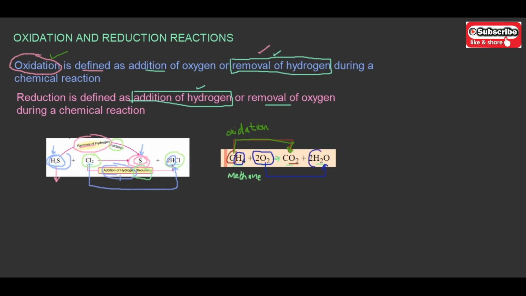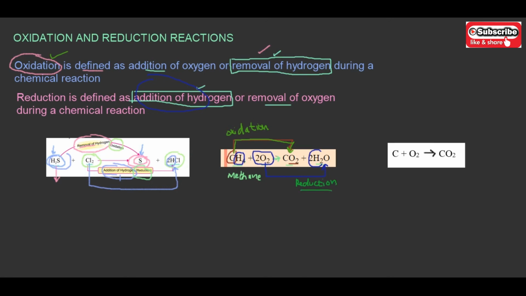It is bonded to hydrogen atoms. So what does this mean? It means addition of hydrogen atoms is taking place. So addition of hydrogen atom, as you can see in the definition, is reduction. Addition of hydrogen atom is known as reduction.